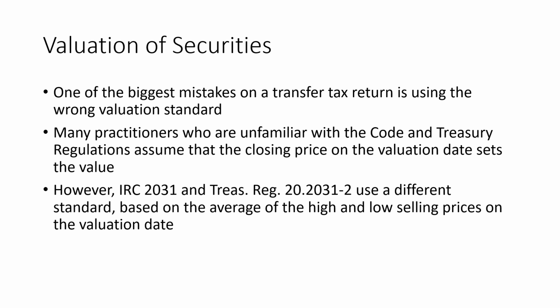Instead, Code Section 2031 and its Treasury regulations use a standard that's based on the average of the high and low selling prices on the valuation date. If you go into a lot of securities quotes, you can see this information, but it's one of those that people tend to gloss over, and they just jump to the closing price, which is incorrect.